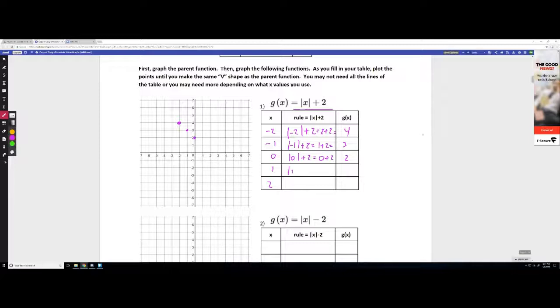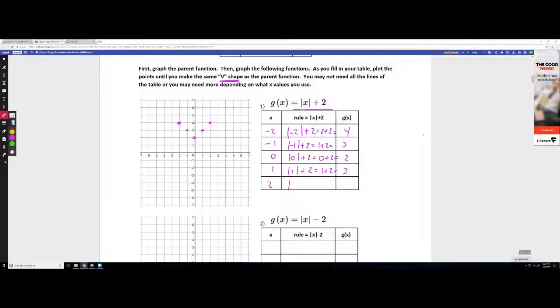And 1. The absolute value of 1 is just 1, plus 2 is 3. So we get 1 comma 3. Now, you can actually figure it out. We already have a V shape. Remember, absolute values are V-shaped, so it should have this pattern where you get this V. So I got 2 comma 4.